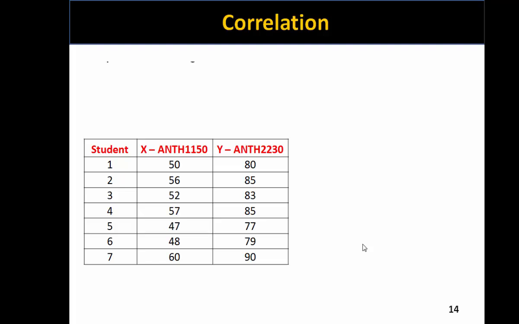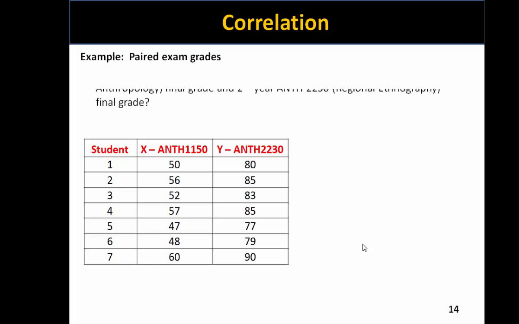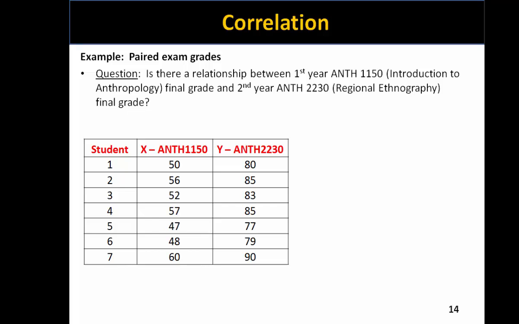And we're going to go through an example here in which we're going to pair exam grades. And so the question here, is there a relationship between first year Introduction to Anthropology grades and second year regional ethnography final grades? And so these are hypothetical data that were summarized for 7 students.